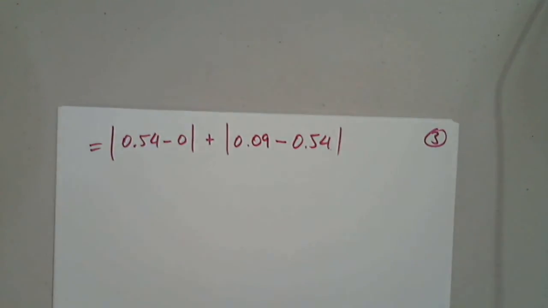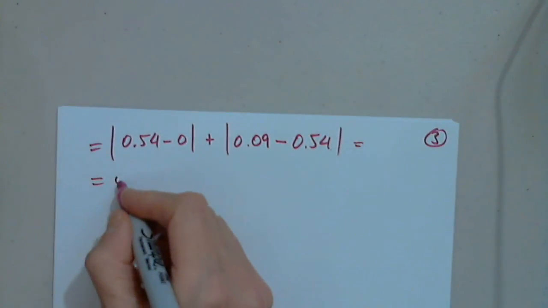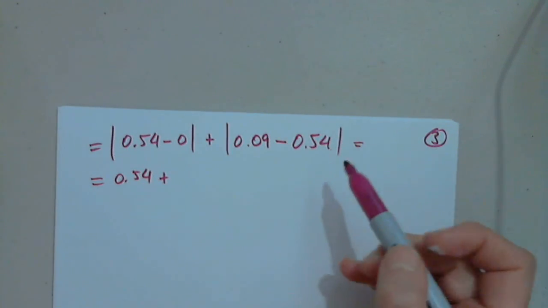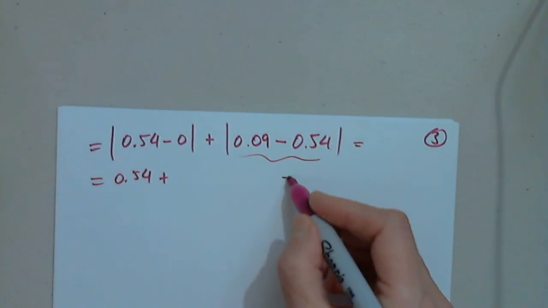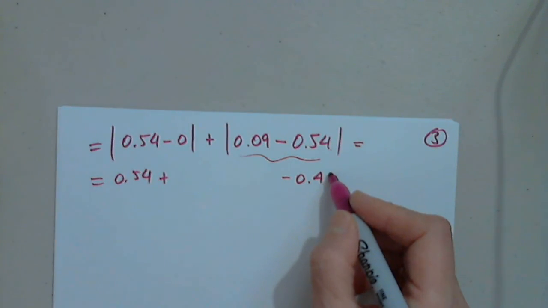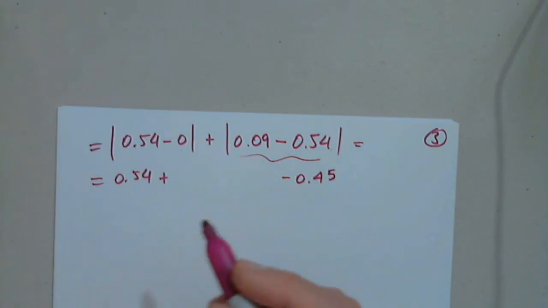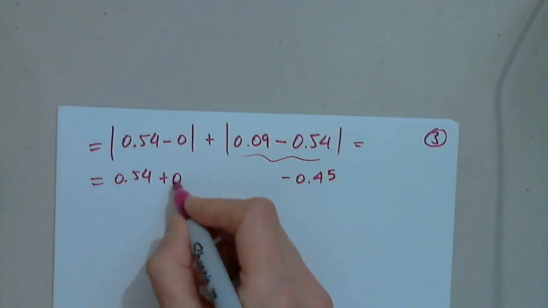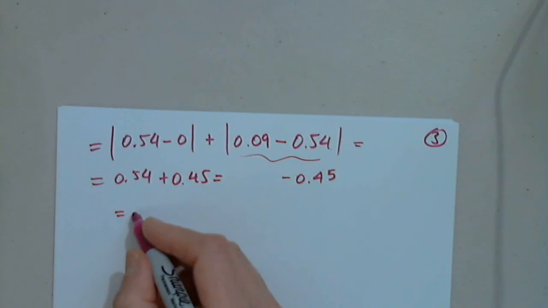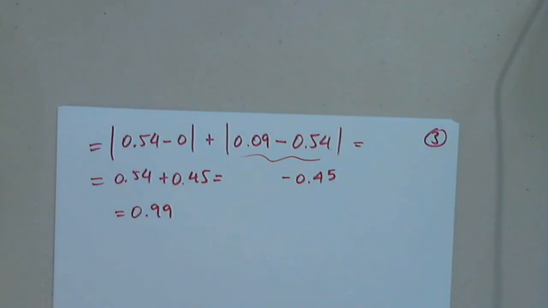So now we calculate and we apply the absolute value. So 0.54 plus, how much is this? So this is negative point, is it 45? So it's going to be plus because of the absolute value. Well, look at that. Okay, 0.99.